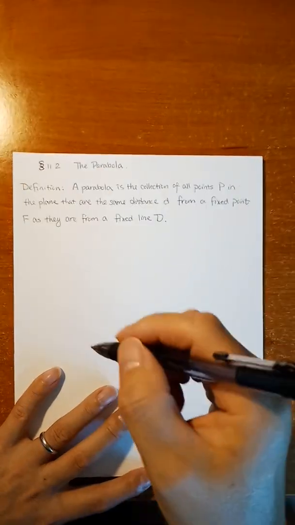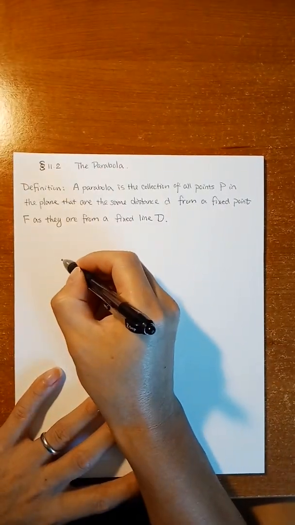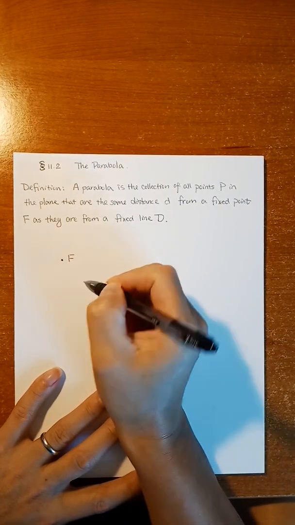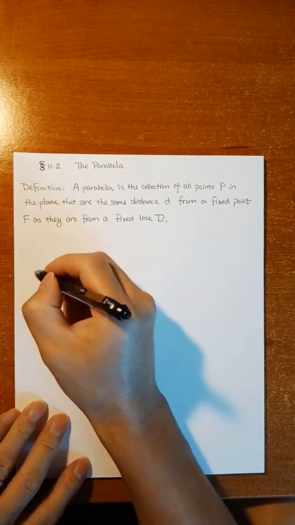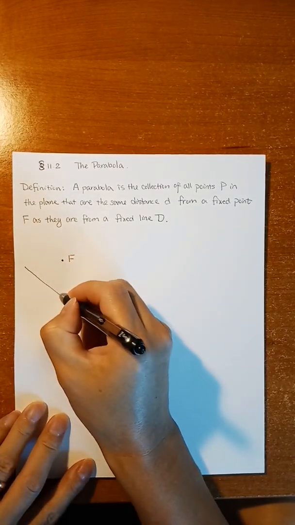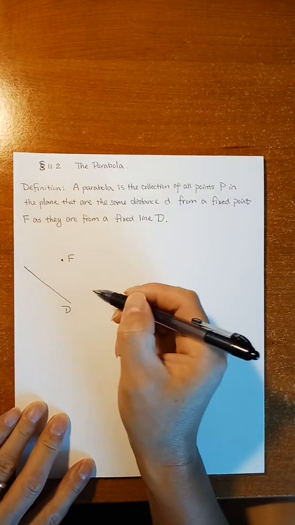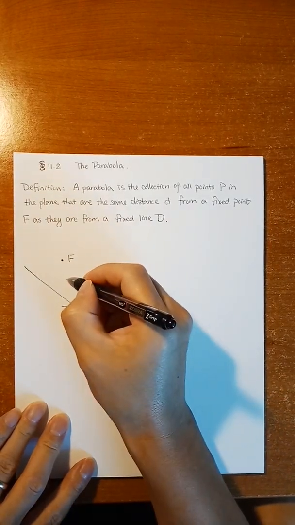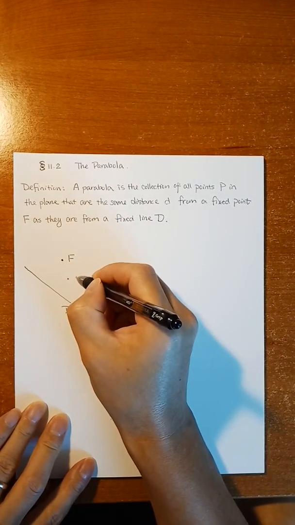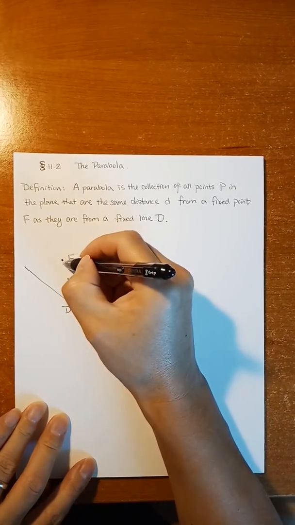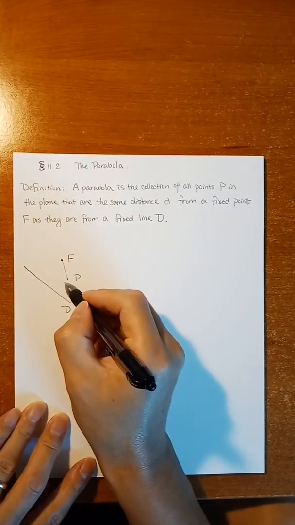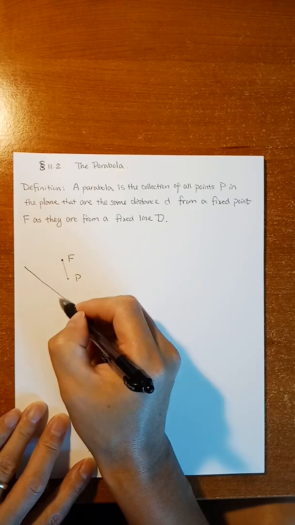Let's visualize it. So we have a fixed point, we call it F, and we have a fixed line, whatever position, we call it d. And then you're looking for a point, for example, this point, this is P. You measure the distance between F and P, and you measure the distance between point P and the line.